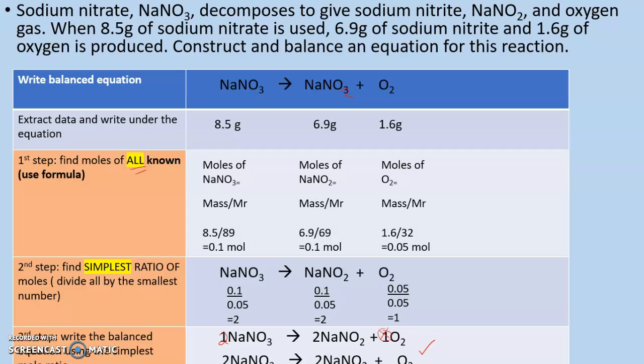And as before, you can double check if you've balanced it correctly. So this has 2 sodium, 2 nitrogen, I've got 2 nitrogen, 2 times 3, 6 oxygen on this side, 2 times 2, 4, and 2 more, 6, my oxygen is balanced. It's a very nice question whereby you know the answer and you can double check.